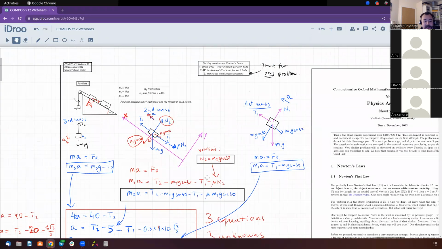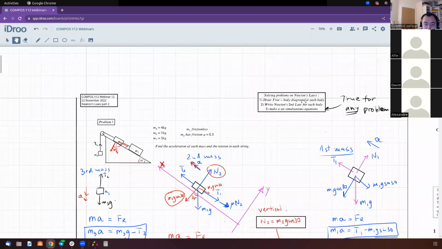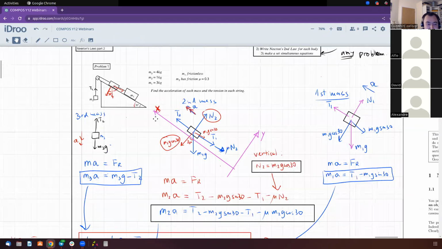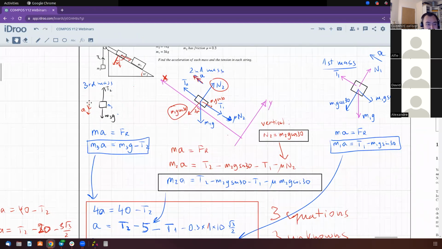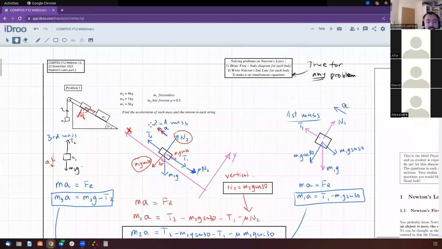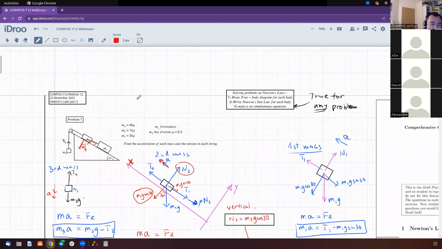Not the easiest question in the world, but let's go back to the algorithm. Draw a free body diagram for each body. Write Newton's second law, make a set of simultaneous equations. That's exactly what we did. We draw a free body diagram, we write down Newton's second law. And always remember, Newton's second law is not written F equals ma, it's ma equals resultant force.